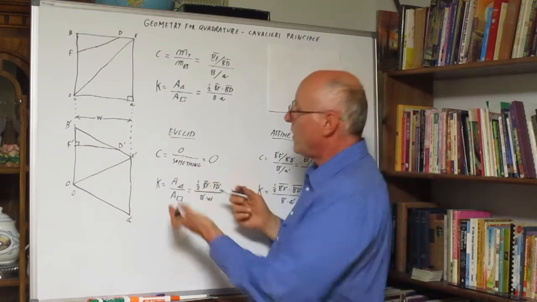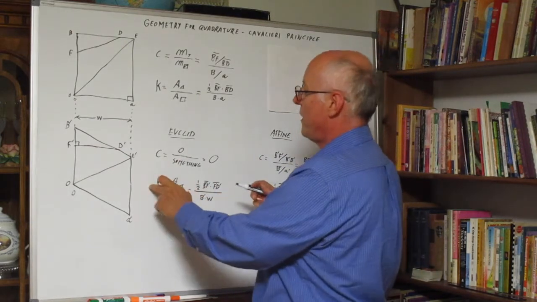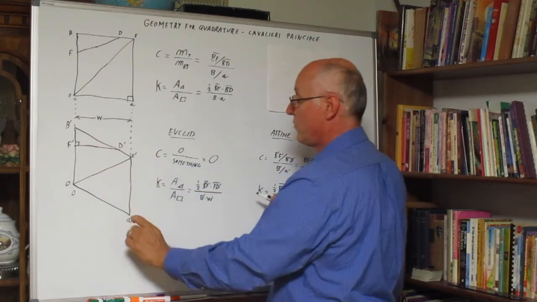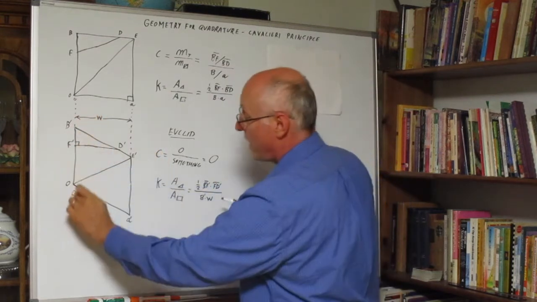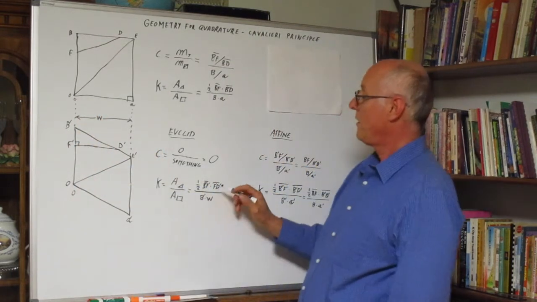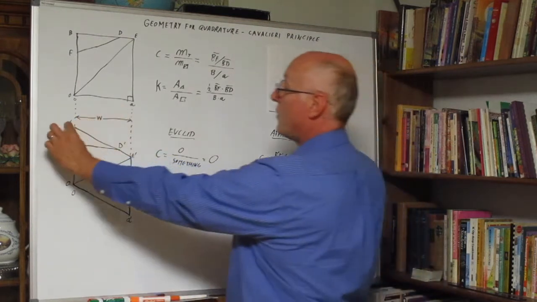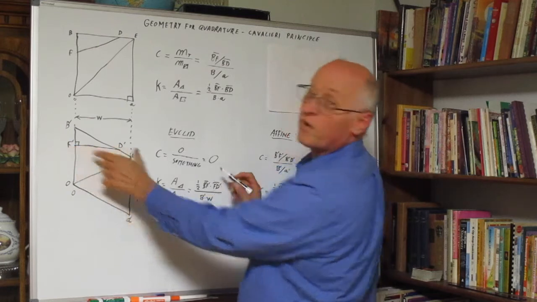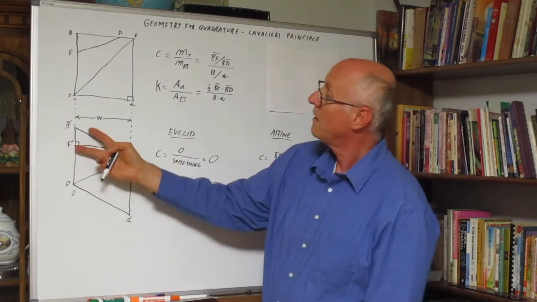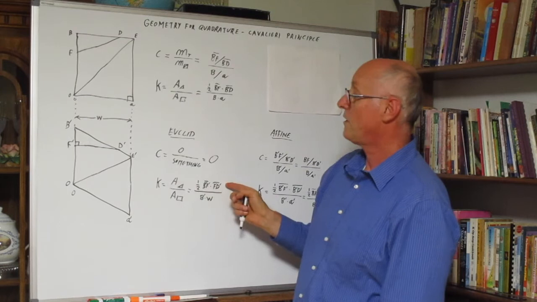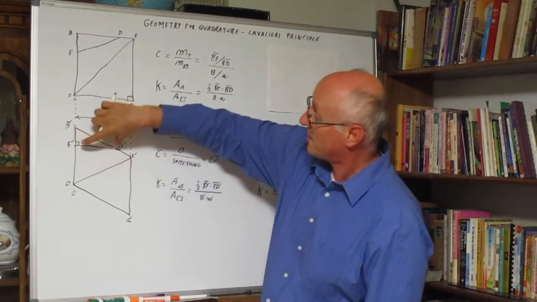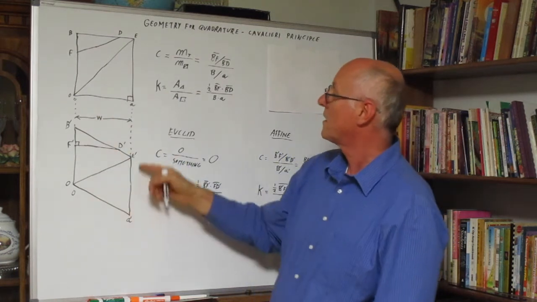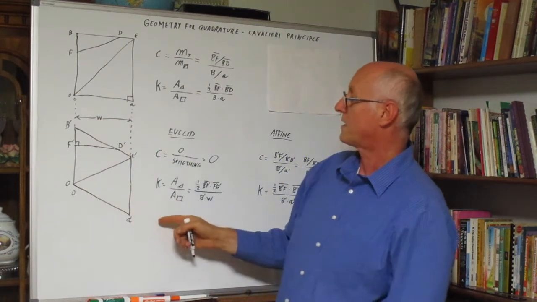So, what is the ratio of area of this triangle to this shifted box? Well, that's 1/2 of B prime F prime times F prime D prime. Follow with me? It's 1/2 of this times this. And what about the area of this shifted box?